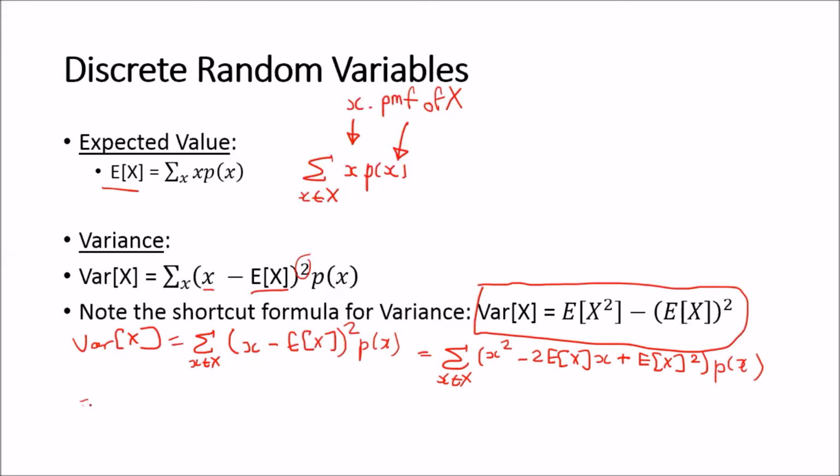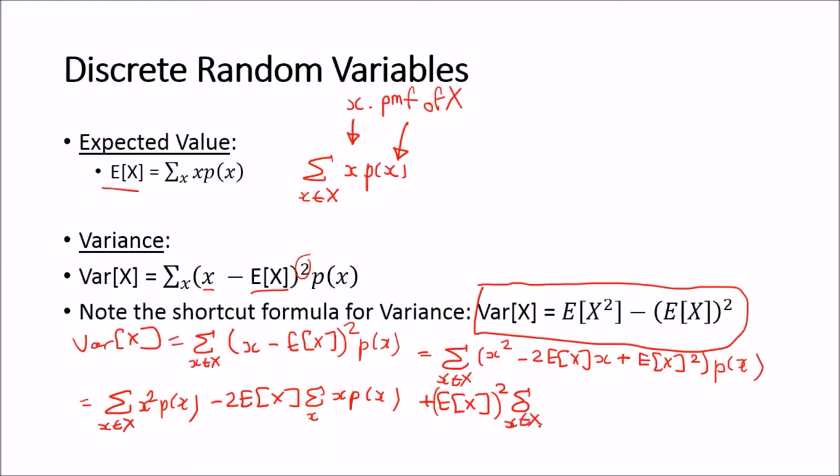If we simplify further, we end up with the summation of x squared p of x, minus 2 times the expected value of x times the summation of x p of x, plus the square of the expected value of x times the summation of p of x, the probability mass function of x.